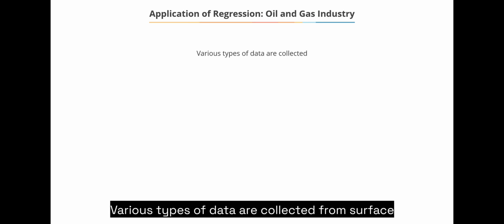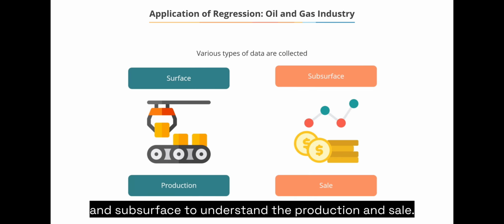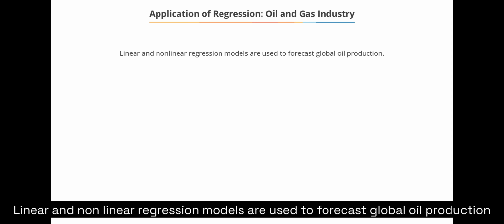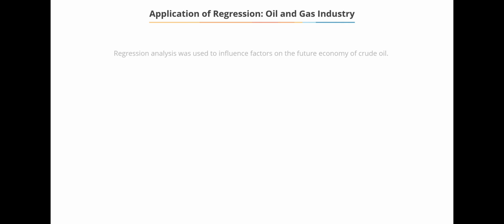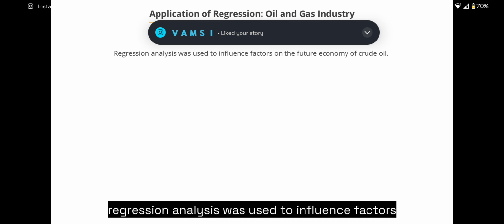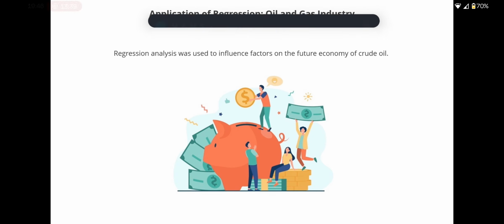Application of regression. Oil and gas industry. In oil and gas industries, various types of data are collected from surface and subsurface to understand the production and sale. Linear and nonlinear regression models are used to forecast global oil production. Regression analysis was used to influence factors on the future economy of crude oil.